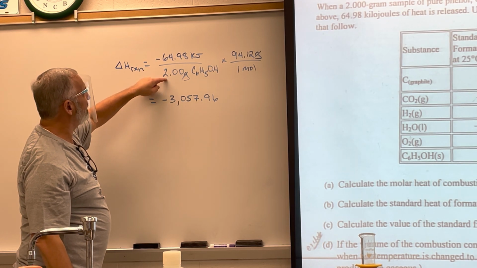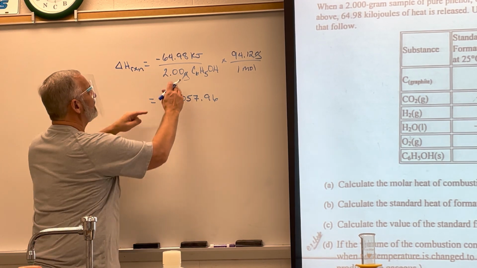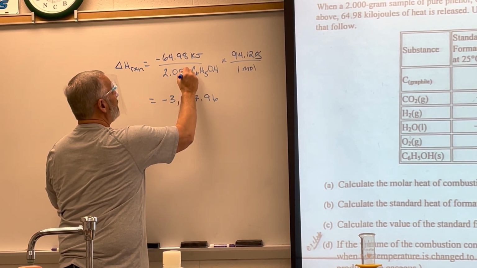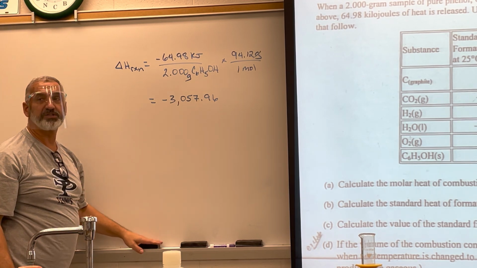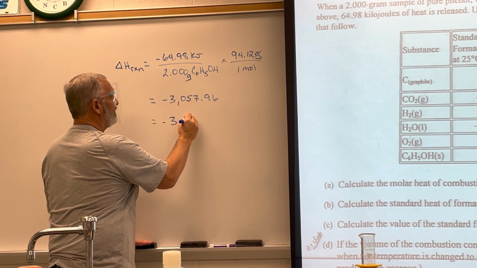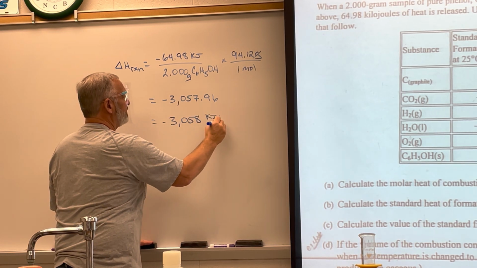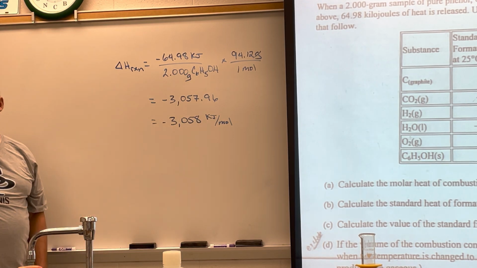So how many sig figs should I have? 4, so what should this be? Negative 3,058 kilojoules per mole.